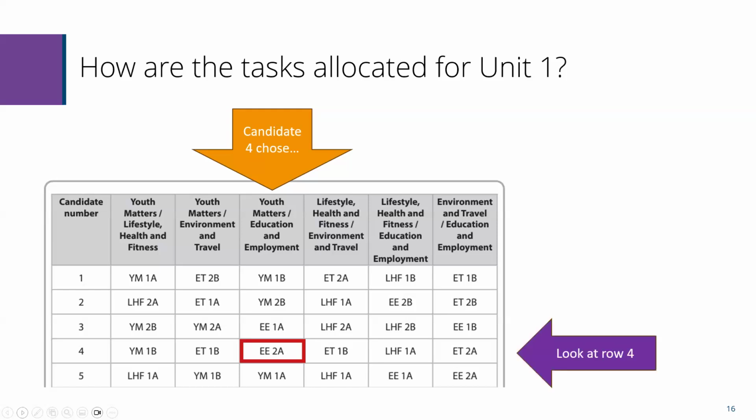Okay, so you need to look at row 4 and find the correct candidate card. And again, this is very important in making sure that you have all of this sorted out and planned in advance so that the candidate has the correct card, the correct information that they need, and that you have conducted the test correctly.